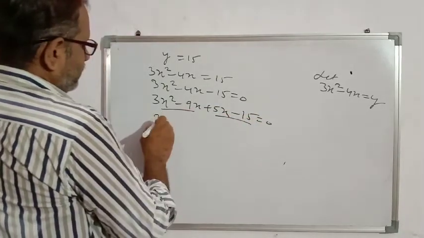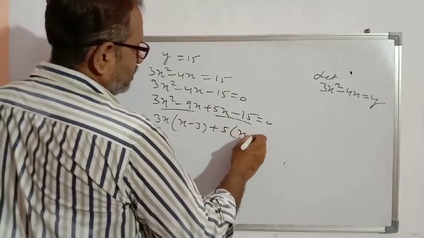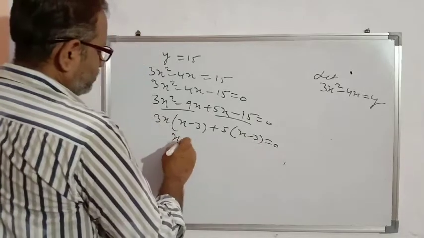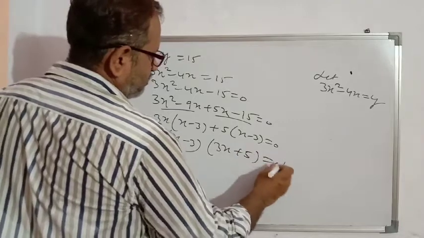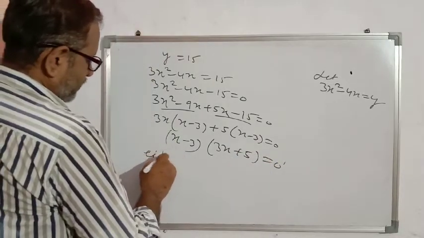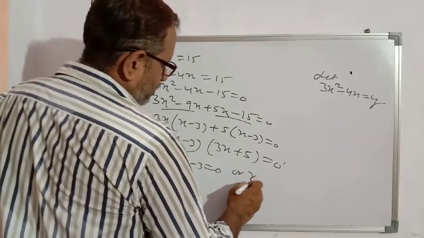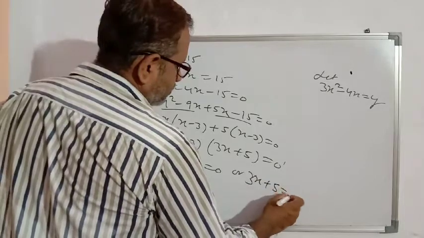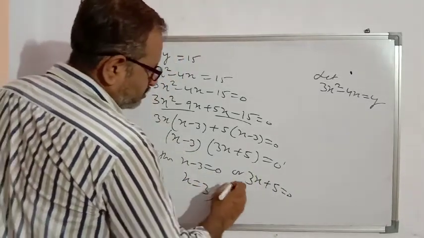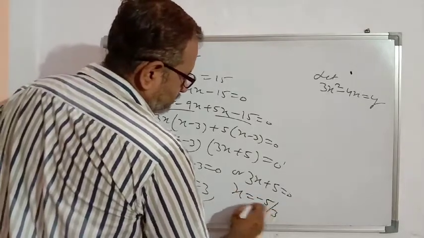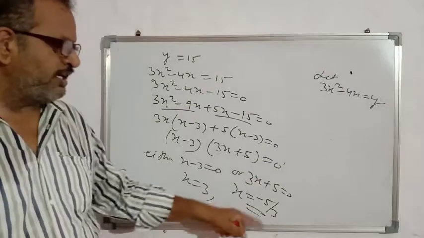Make pairs. 3x common, x minus 3, plus 5 common, x minus 3 is equal to 0. x minus 3 is common in both, so x minus 3 times 3x plus 5 is equal to 0. So either x minus 3 is equal to 0 or 3x plus 5 is equal to 0. We will get x is equal to 3 and x is equal to minus 5 by 3. So the solution is 3 and minus 5 by 3.